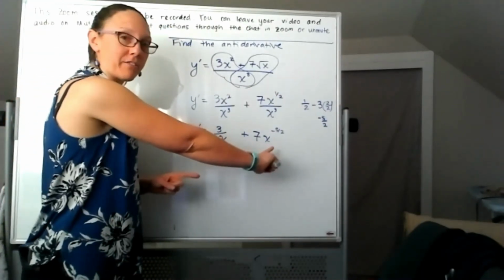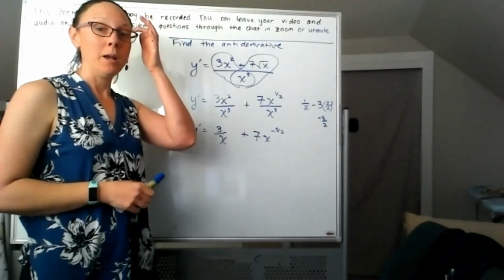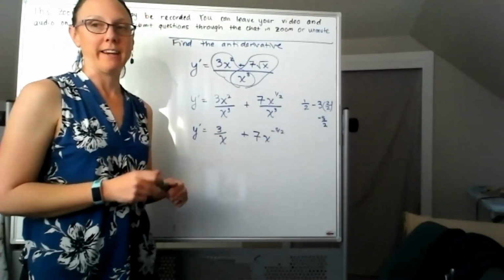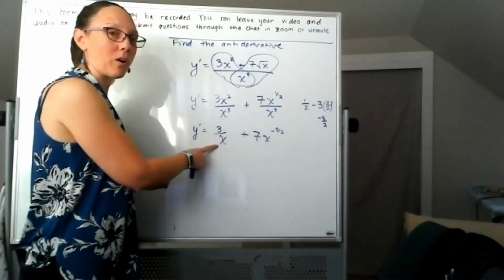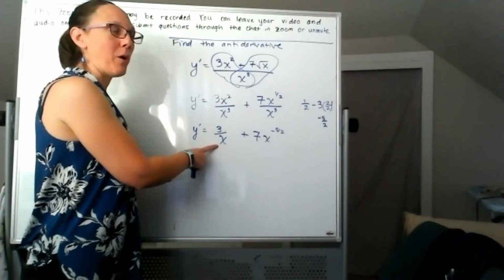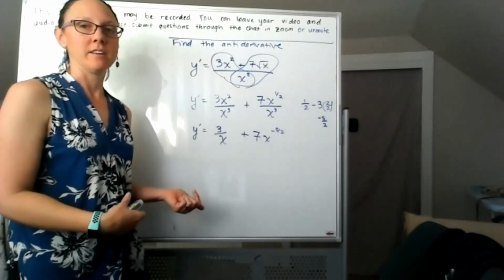I could have left that as an x to the 5 halves in the denominator, but that wouldn't really help me to find the antiderivative. Now this one I left in a particular form because I'm hoping that we look at that and recognize, oh, we know whose derivative that is.